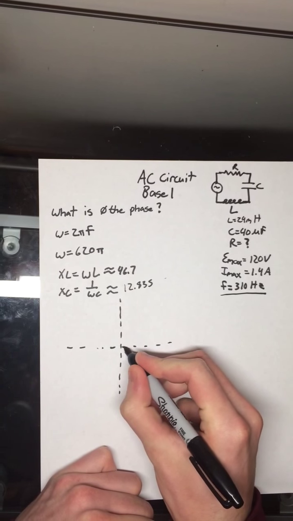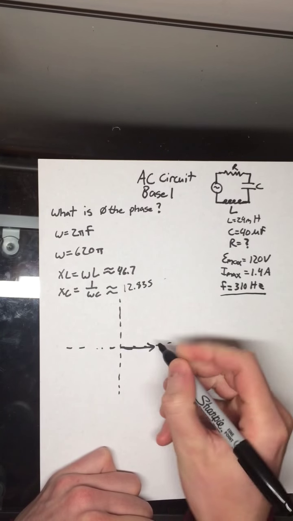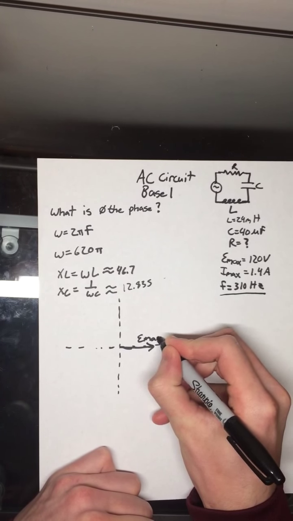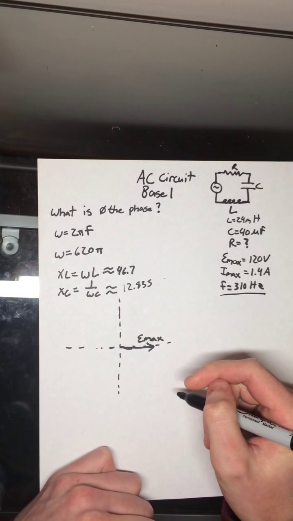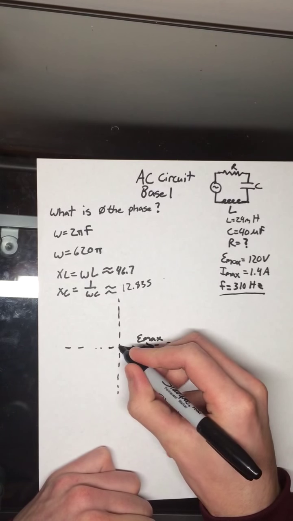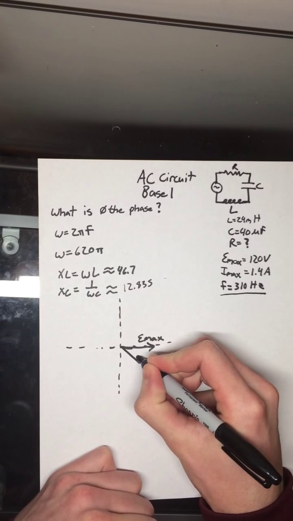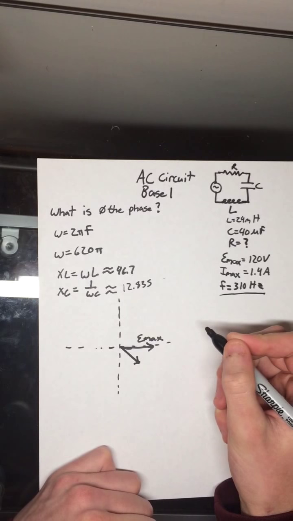Okay, we know Emax is right here on this line. Okay, so if the voltage leads the current, then we know that the current is going to be below, right about here.